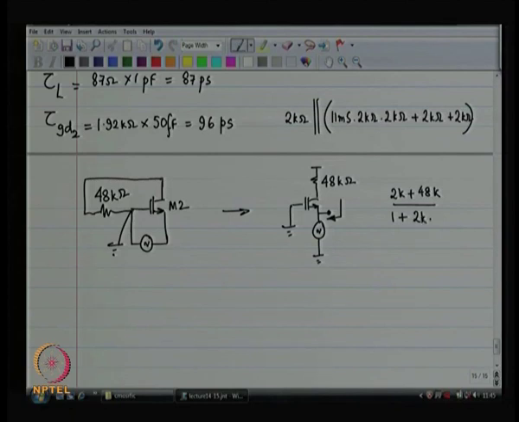GM is going to be the parallel of GM and GMB, because they are in shunt with each other in this particular case. Whenever the source is not ground, GM and GMB are really in shunt with each other, right. Body is at ground. Okay. So, this is basically going to give me 50K divided by 23, it is about 2.2 kilo ohms.